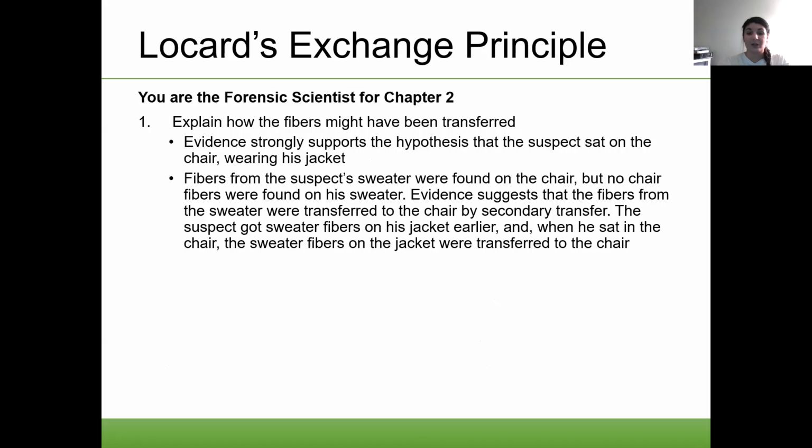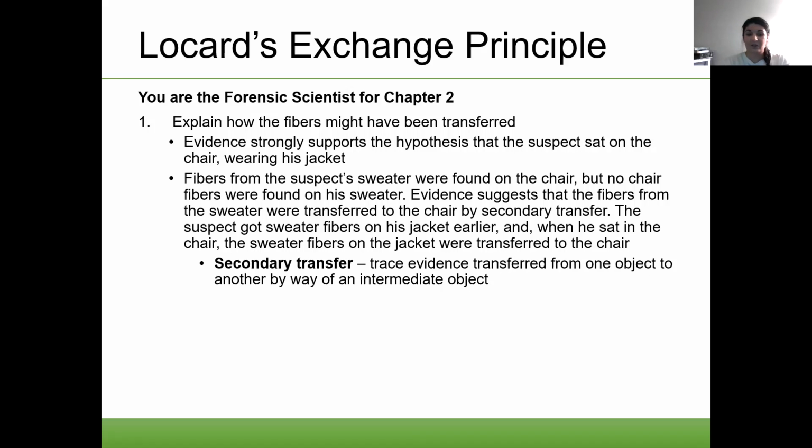Fibers from the suspect's sweater were found on the chair, but no chair fibers were found on his sweater. This suggests that the fibers from the sweater were transferred to the chair by secondary transfer, which means that somehow the sweater fibers got on the jacket earlier, and when he sat down, the sweater fibers and the jacket fibers were transferred to the chair. But it doesn't mean that the sweater touched the chair, because it wasn't in direct contact with it.